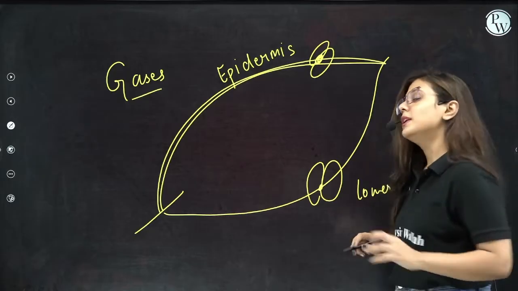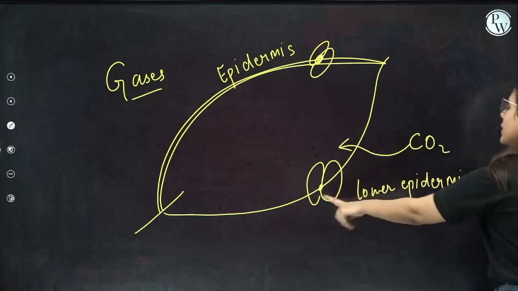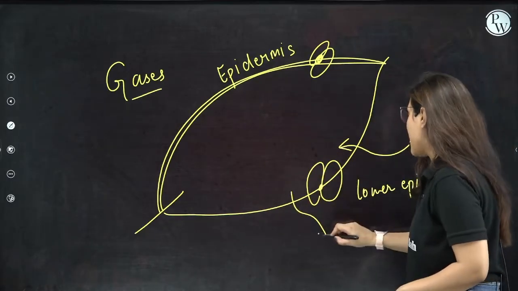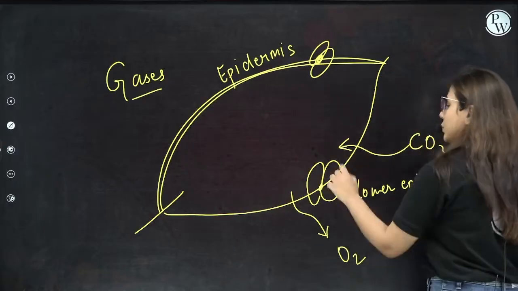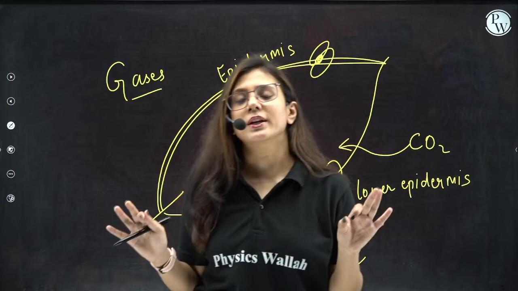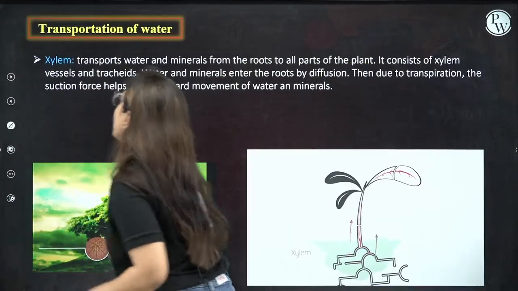For example, plants want large amount of carbon dioxide to enter. It is going to enter via stomata. It wants to release large amount of oxygen after performing photosynthesis. It will happen through stomata. So for the gases, it is completely sorted that with the help of stomata, the exchange of gases is going to happen. But what about water?